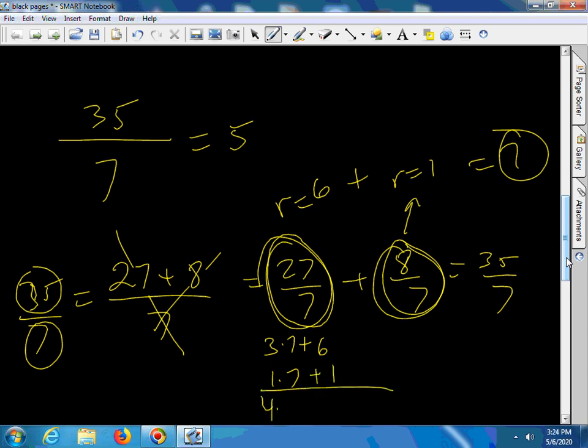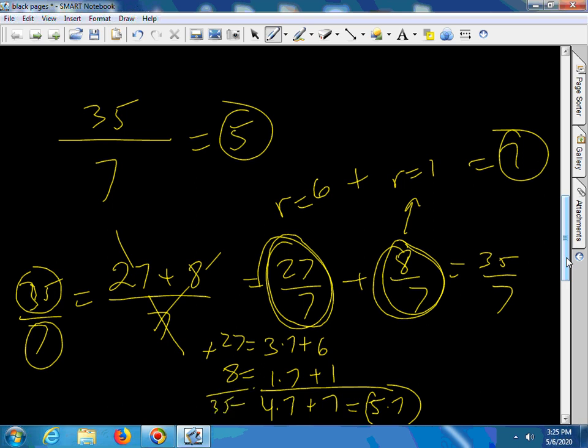That is, I'm going to have 4 7s plus 1 more 7, which is 5 7s. That's exactly how many 7s I said I would get. This is 27, and this is 8. And this sum is 5 times 7. That is, 7 does go into 35. Goes in 5 times. This is a real nice theorem and hopefully a nice proof.